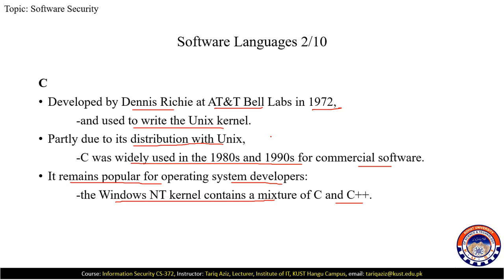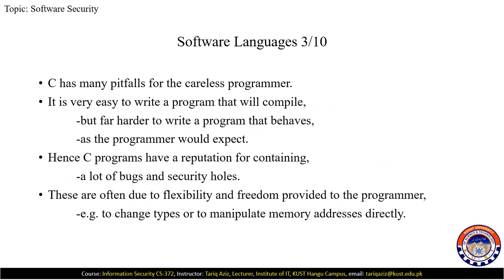But now, dear students, our focus is with respect to security. There are some pitfalls for the careless programmer. If you are not a professional programmer, or if there is a careless programmer, C also has some pitfalls. And what are these pitfalls, or we can say disadvantages?